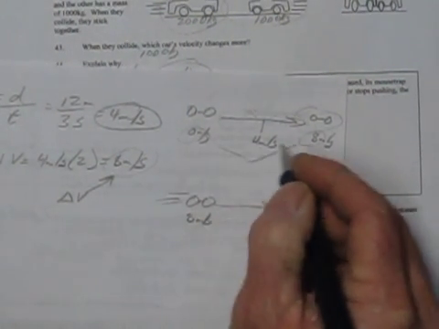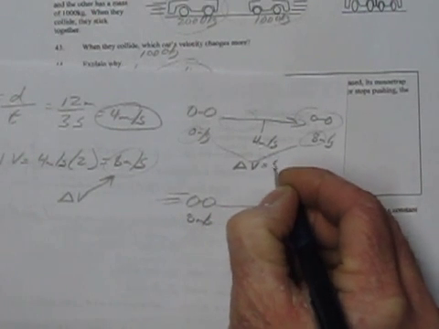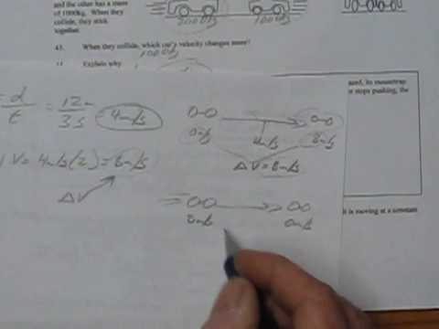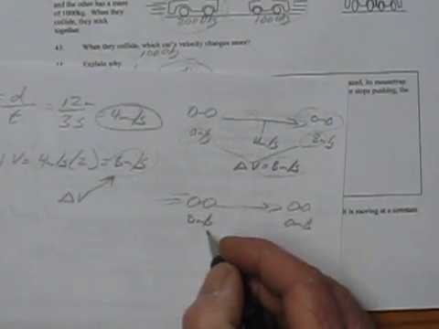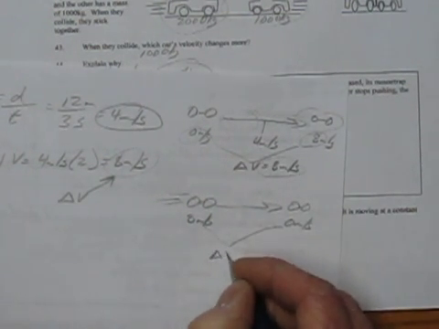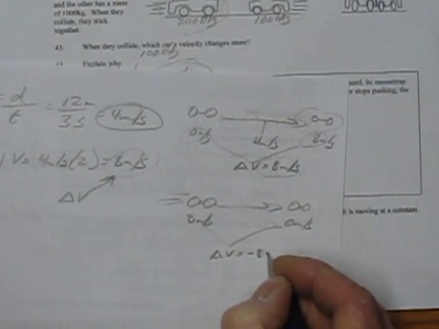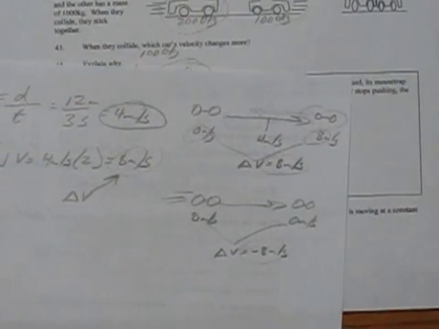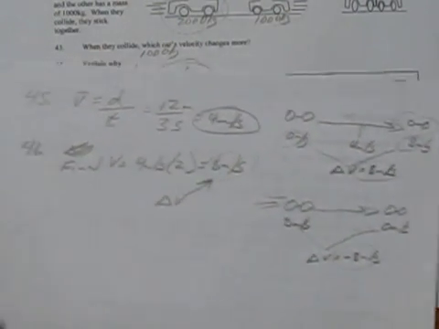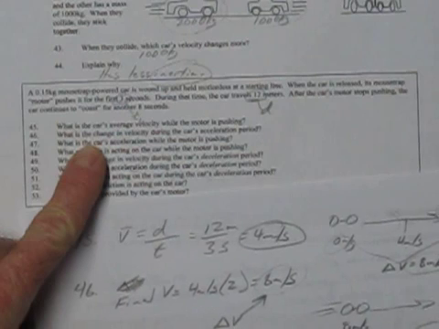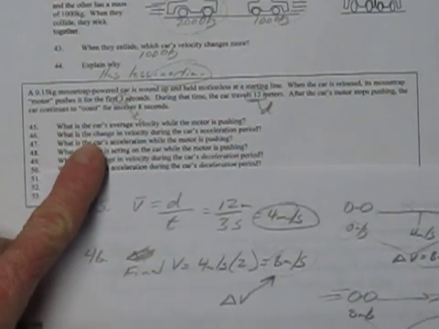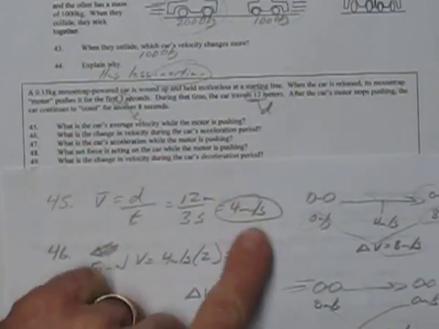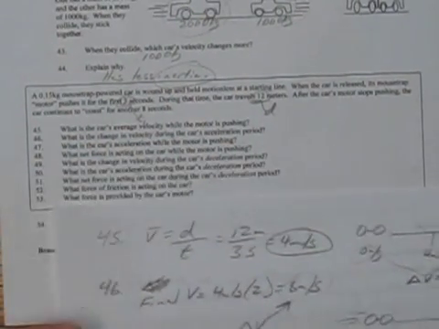Here, change in velocity is 8 meters per second, because 8 meters per second gets added on. In the end, during the deceleration period, change in velocity is negative 8 meters per second, because 8 meters per second is going away. We don't really need that information yet. But I was just getting number 46. So the way you get the change in velocity is to do the average velocity times 2.